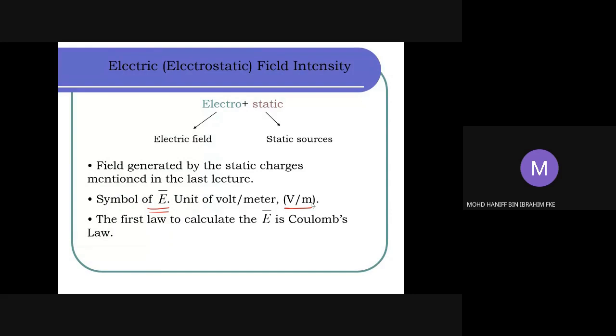It comes from the word electrostatic. Why static? Because the source is static. And for now we are going to use the first law that can be applied in calculating the electric field intensity, which is Coulomb's law.